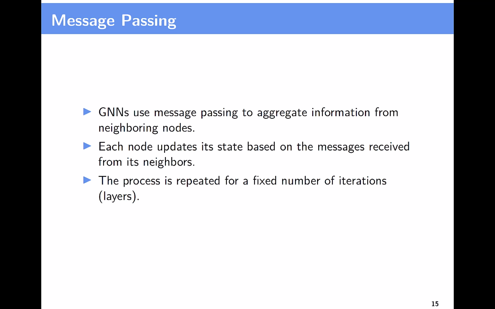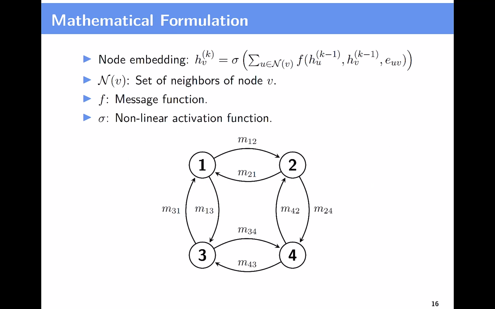We consider each node as containing some message, and the message is aggregated from neighboring nodes through the edges. By repeatedly combining or aggregating information from neighboring nodes several times, we can create a representation vector for each node. This can be done by passing the information through a fixed number of iterations or layers.